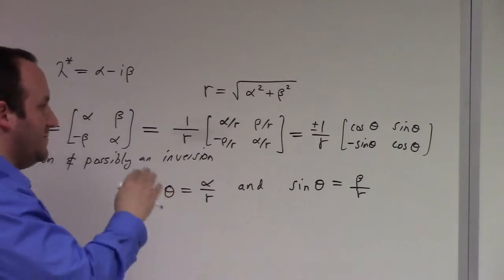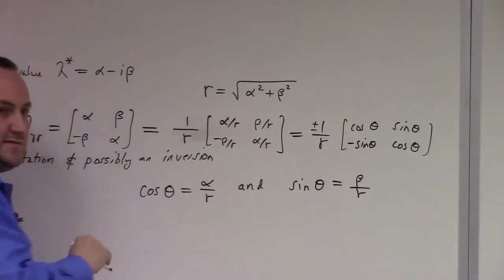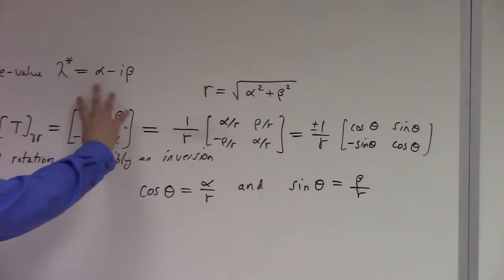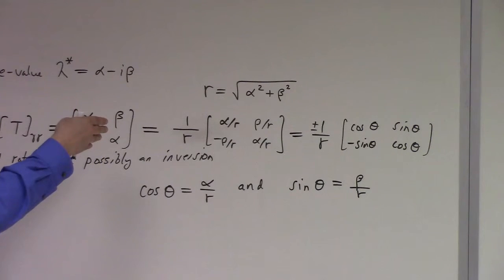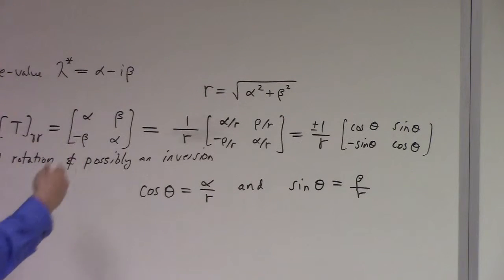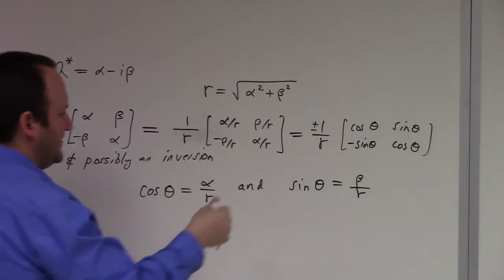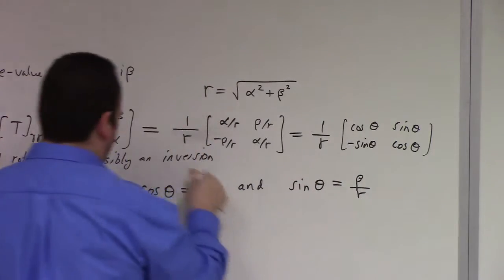And so the minus is the inversion case. If the determinant of this is negative, there's an inversion. It could be that the determinant of this is negative, I think. Wait a minute. No, it can't be. I'm an idiot. Let me just accept the math. There's no plus or minus here. It's just r. There's no inversion.